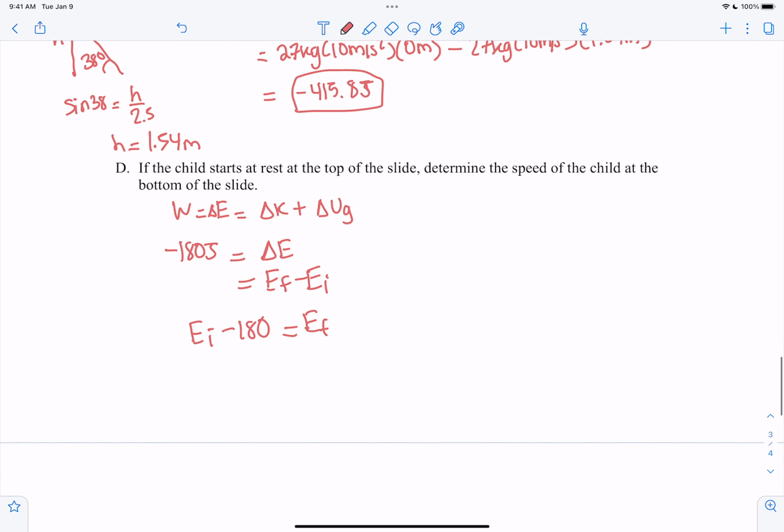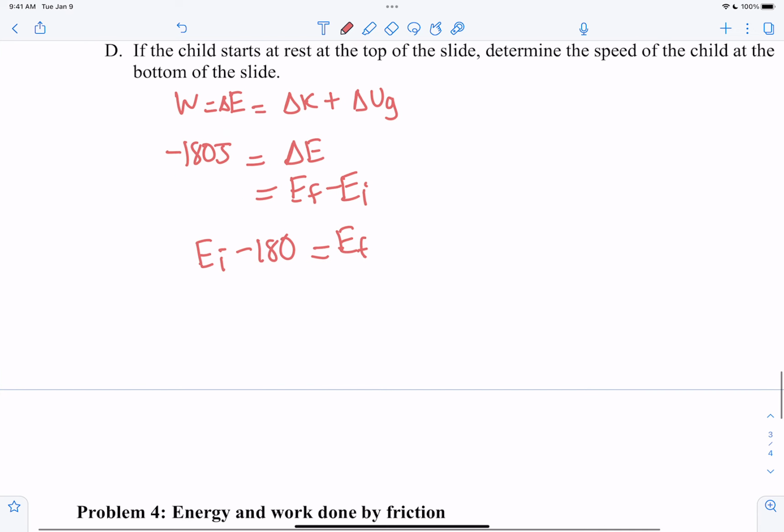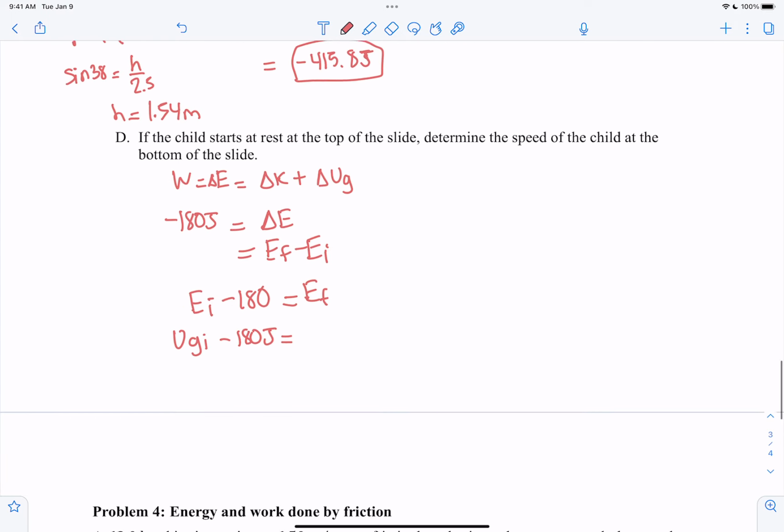Our initial energy was all potential. So we started off with UGI, and there was no movement at the beginning. So even if we said KI, there was no initial speed, because they're at the top, there's potential to move, but there isn't movement yet. So KI is equal to 0, and then minus 180 joules, and then your final energy, right?